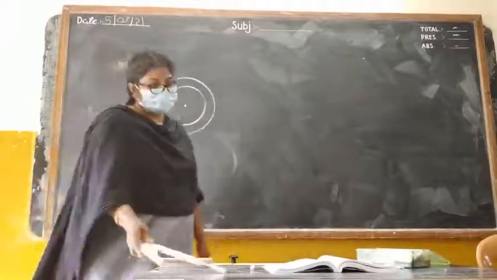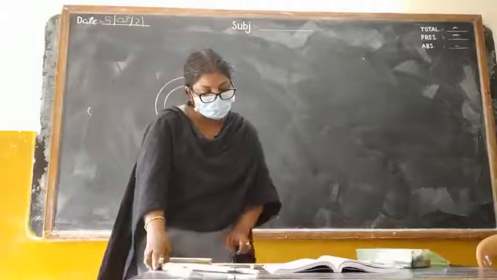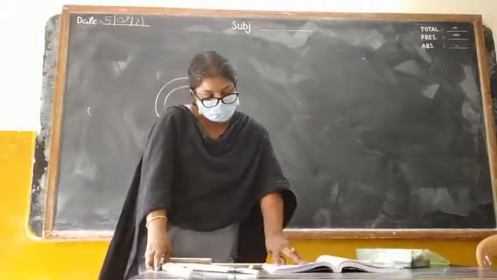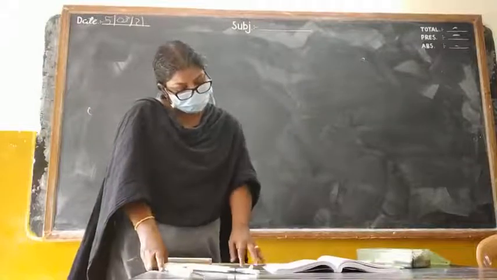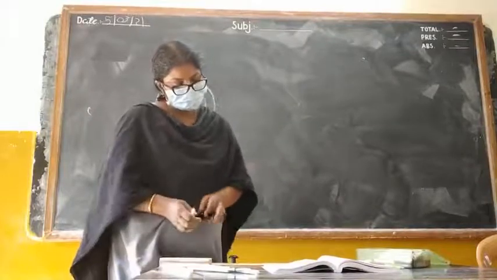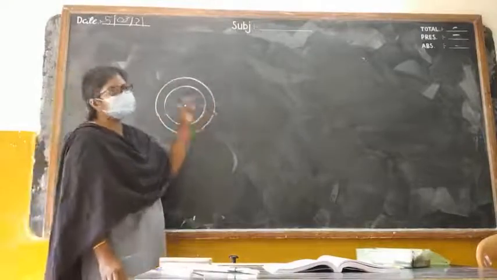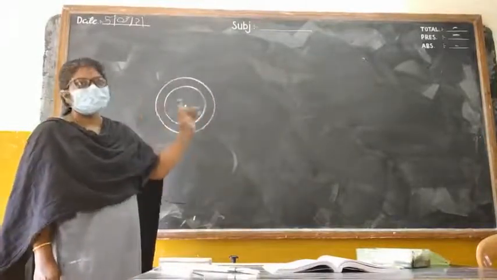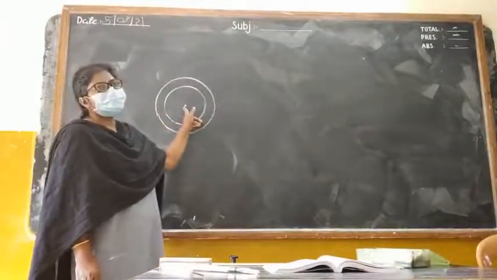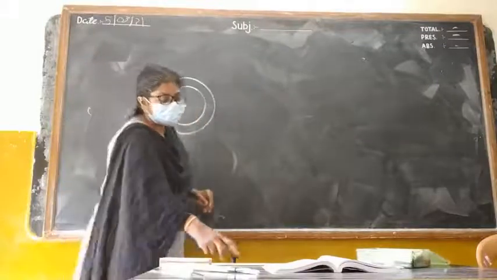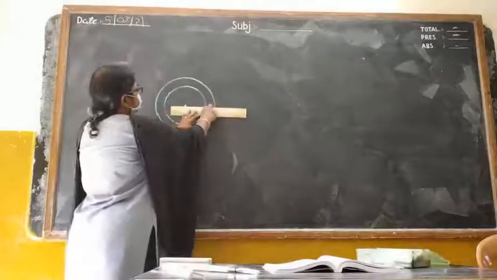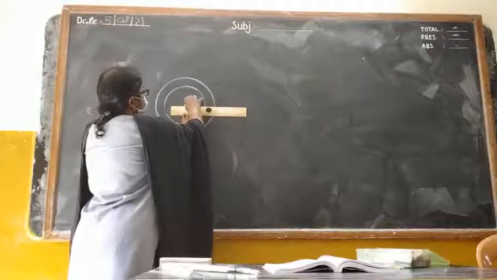Okay. Now what is it? You want from a point on that circle, you have to draw the tangent. Any point on the circle you can take.